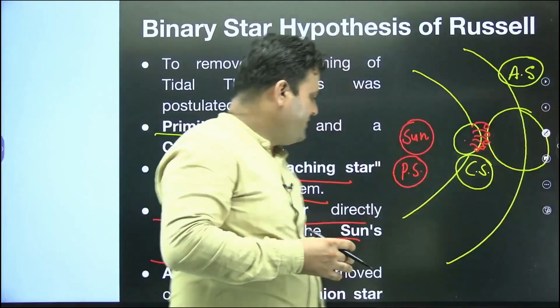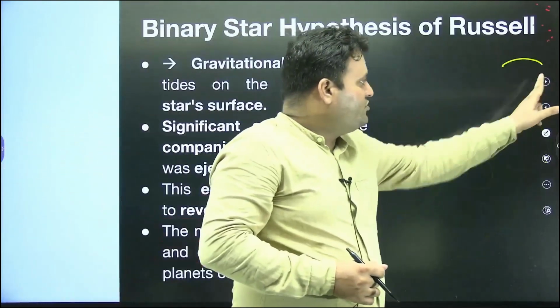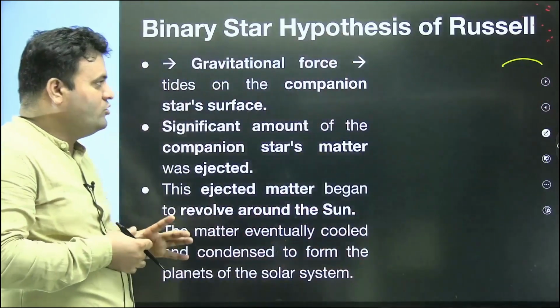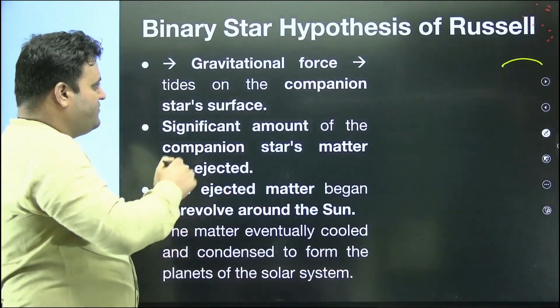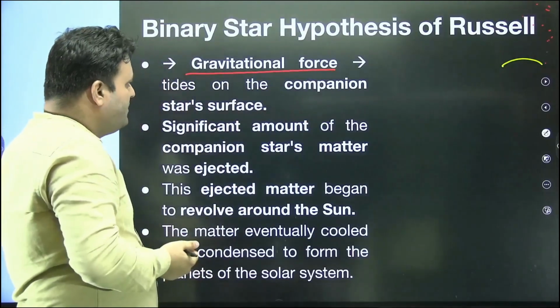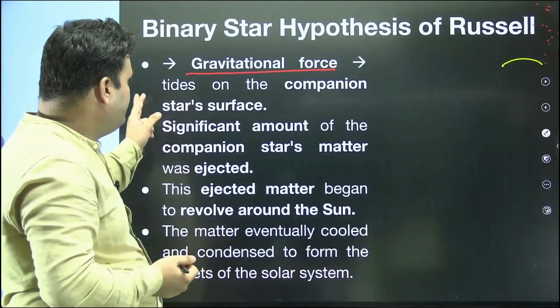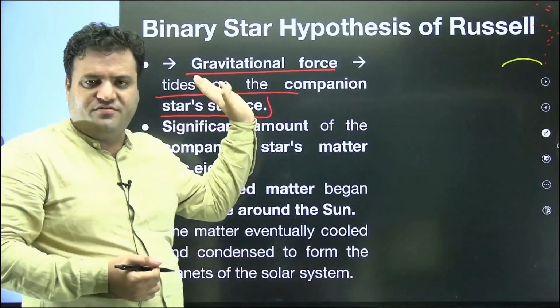As a result of this kind of interaction, when the approaching star moved close towards the companion star, the gravitational force further increased, and that led to tides on the companion star's surface, similar to the tidal theory.